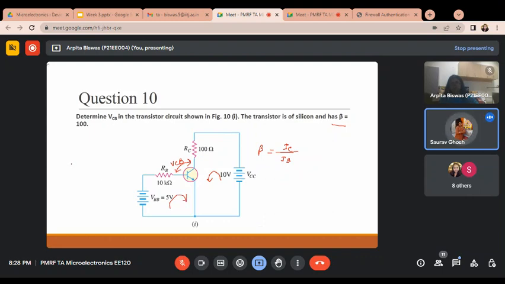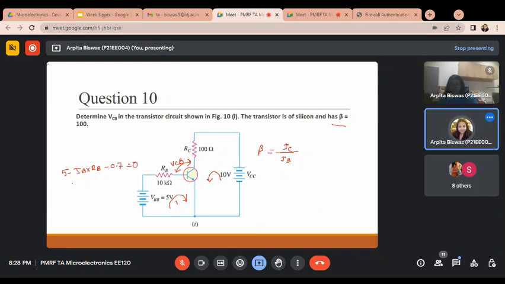Yes. So as we have given the value, this is the first loop. If you are taking from this side, 5 minus IB RB minus VBE 0.7 equal to 0, right?